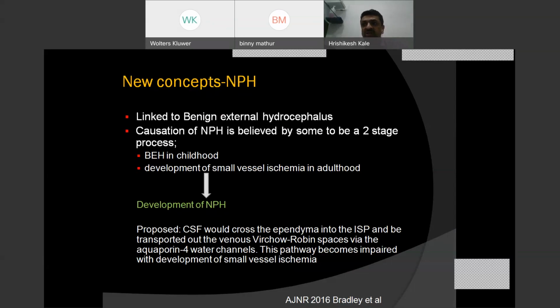With small vessel ischemia, there is demyelination. With loss of myelin and lipid, you have increased protein in that area, and that protein produces increased resistance to the flow of CSF. Because of that increasing resistance, these patients are thought to then develop NPH. So this is regarding benign external hydrocephalus and NPH.